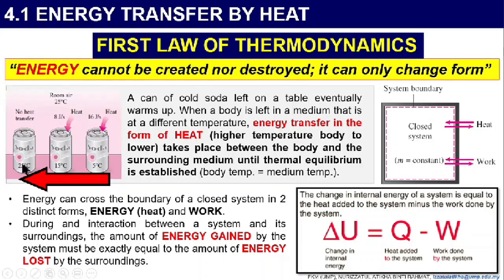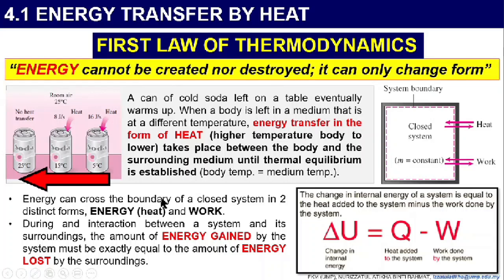After some time, some heat was transferred into the can of soda until the thermal equilibrium is established, where no heat transfer happens anymore, and the cold soda becomes the same temperature as the surrounding, 25 degree.